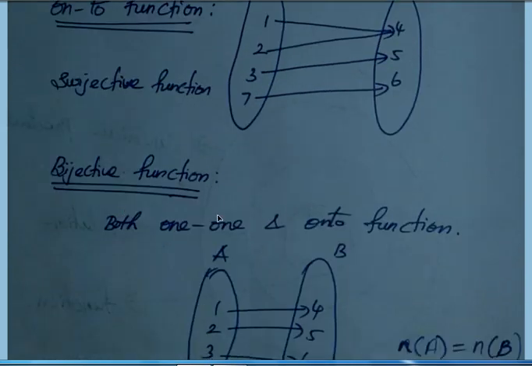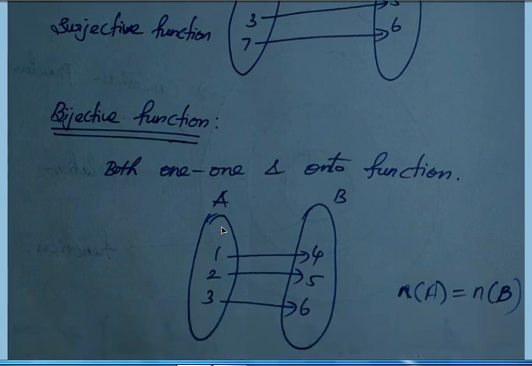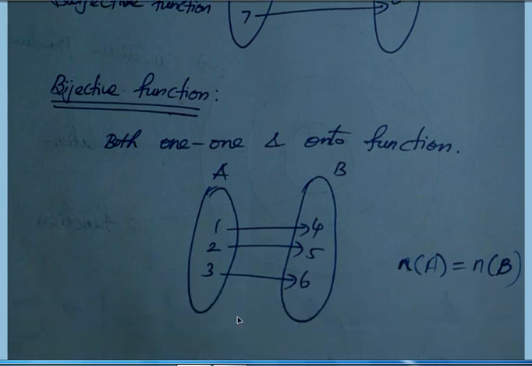Next one is bijective function. Already you know bi means two. So bijective function means it satisfies both one-to-one and onto. See, first you analyze whether it is a function or not. We see only the left part. Each and every element having one arrow, therefore it is a function. Then we move to the right side. Each and every element is also reached by only one arrow, therefore it is one-to-one.